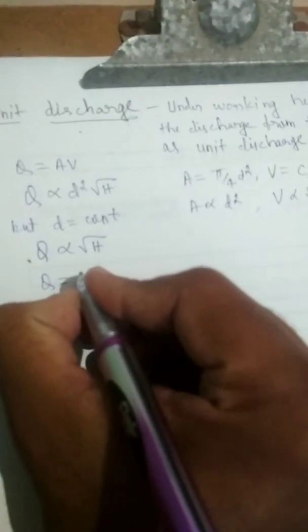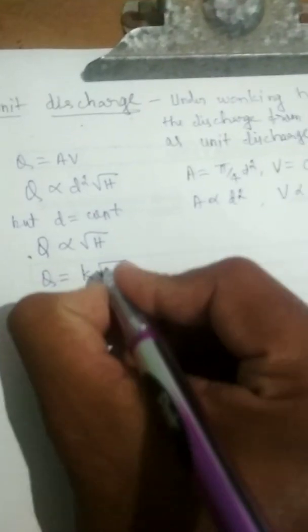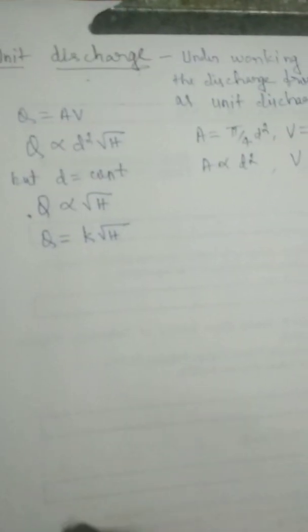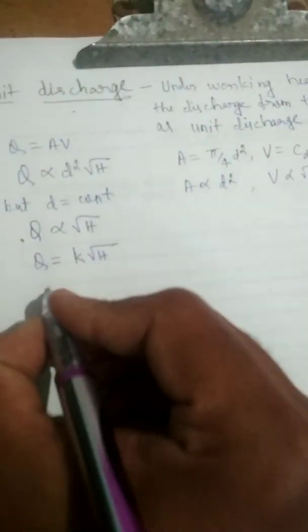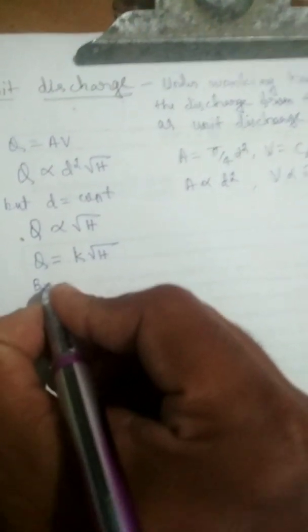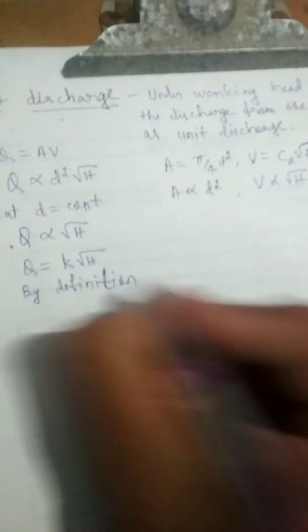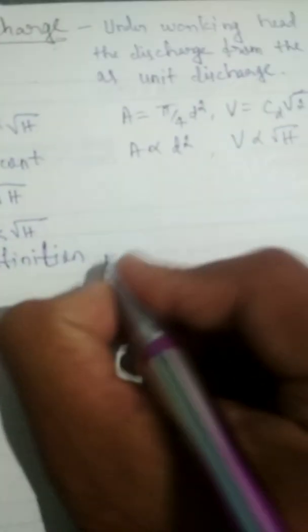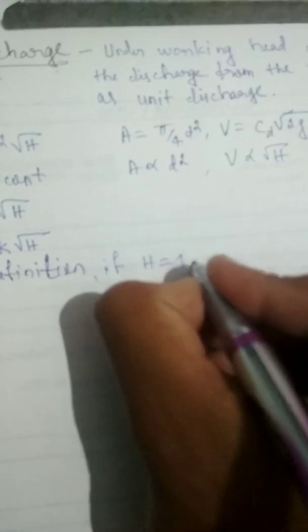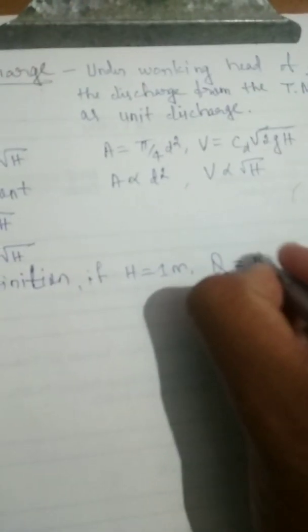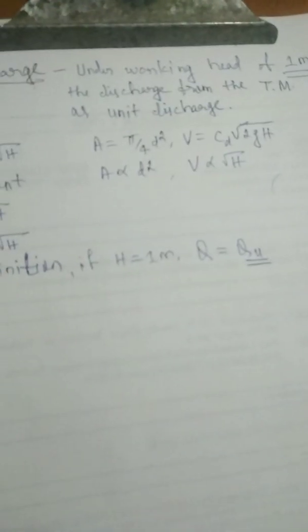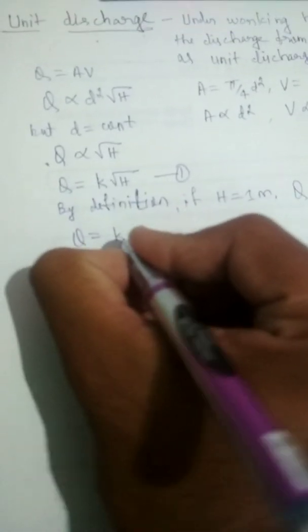Again, eliminating the proportionality sign and introducing the constant k, we get Q is equal to k into square root of h. By definition, if head is equal to 1 meter, discharge of the turbine is known as unit discharge. Substituting the values in the equation, we get Q is equal to K into 1.